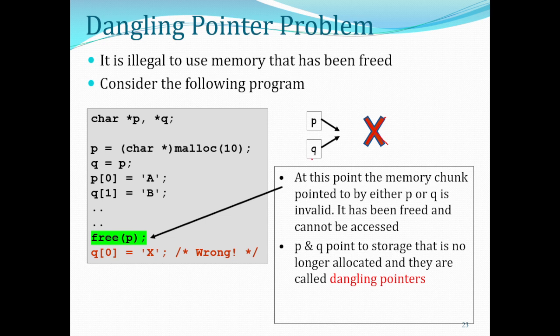Now q knows that there's an address in it and q wants to write something in it. Let's say X or whatever. This was my chunk before, so this pointer wants to write something there, but it's not mine now. So that's called a wrong operation. That's why we say it's a dangling pointer.